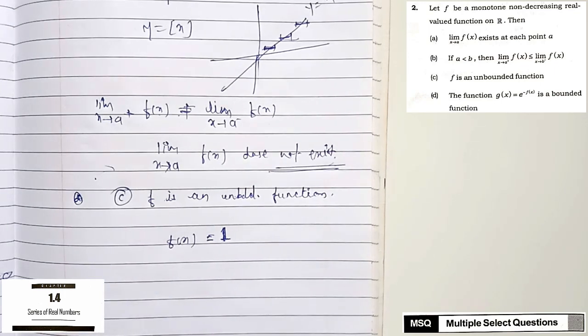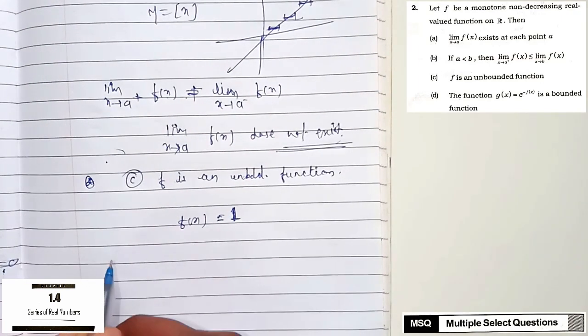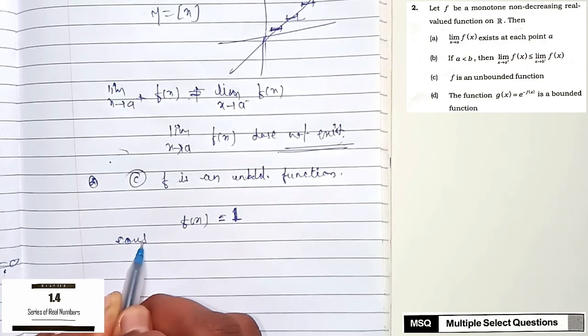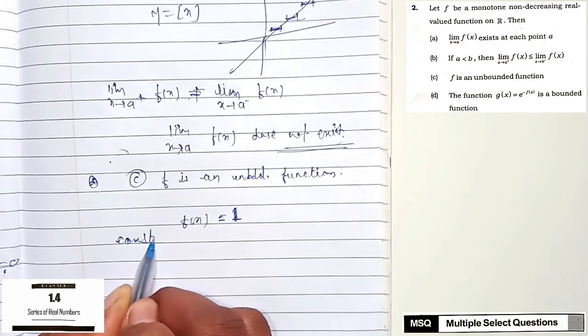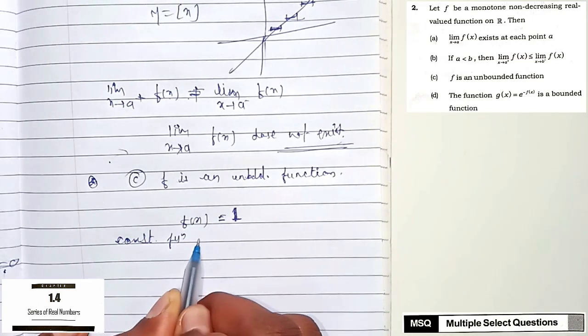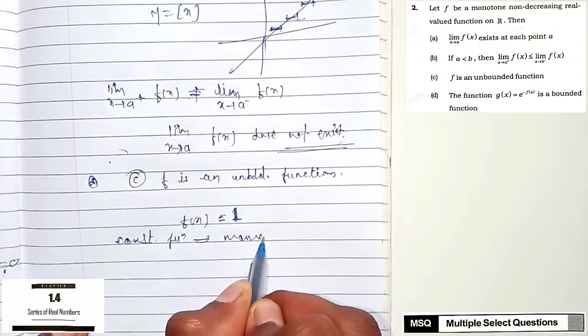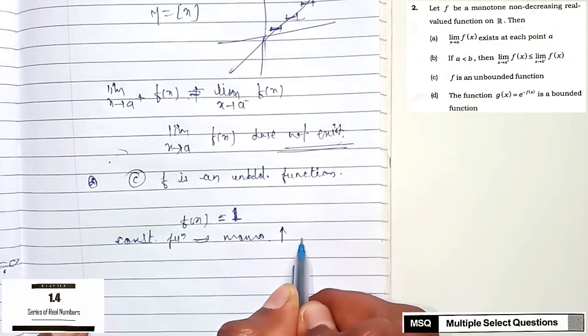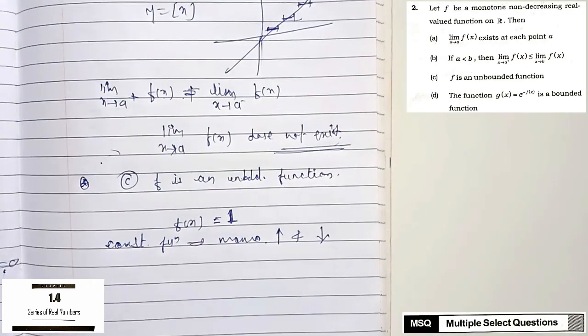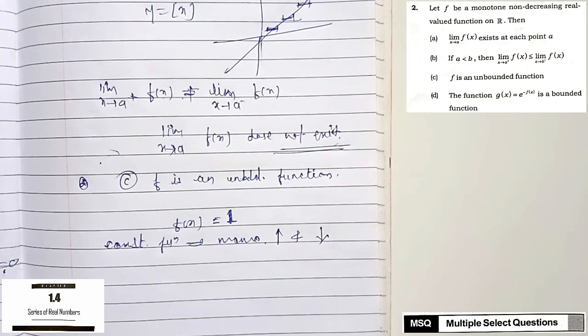We know that a constant function is always monotonic decreasing as well as monotonic increasing. Always remember that a constant function is always monotonic, increasing and decreasing.